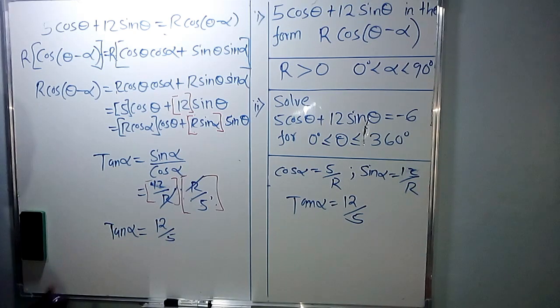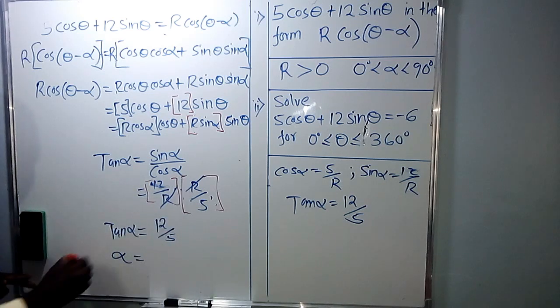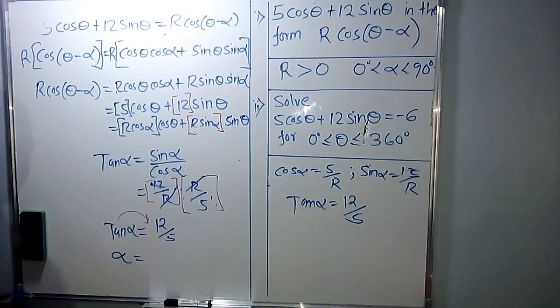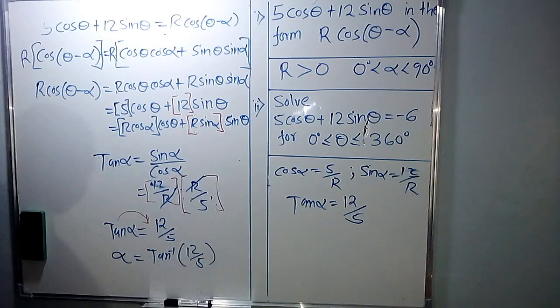So what is alpha? For us to get alpha, we take the tan inverse of 12 over 5. So alpha is the tan inverse of 12 over 5. So what is the tan inverse of 12 over 5?